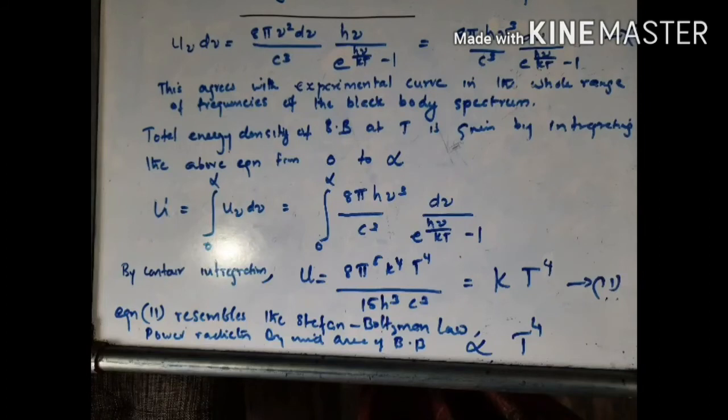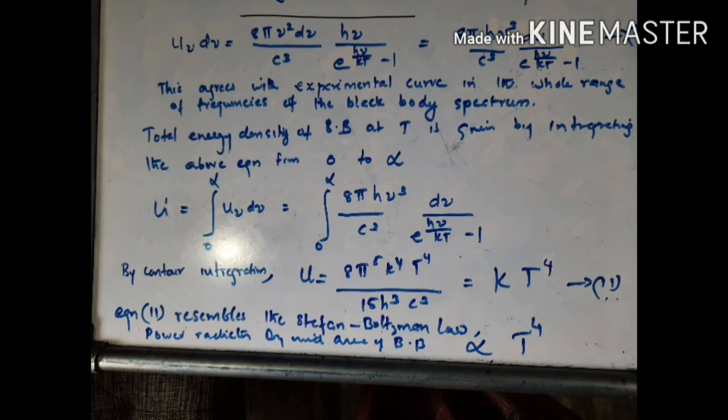Now let us see what is the total energy density of the black body at a temperature T. For that we are considering the energy density of black body between nu and nu plus d nu, which is given by equation number 10, u nu d nu is equal to 8 pi nu square d nu by c cube into h nu by (e raised to h nu by kT minus 1).